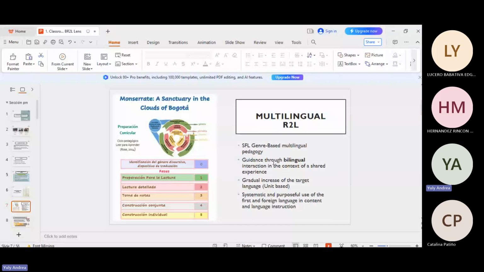So this is very systematic and purposeful, and we can explore it if you consider doing research through this lens. The last point is the systematic and purposeful use of the first and foreign language in content and language instruction. Those are the principles.